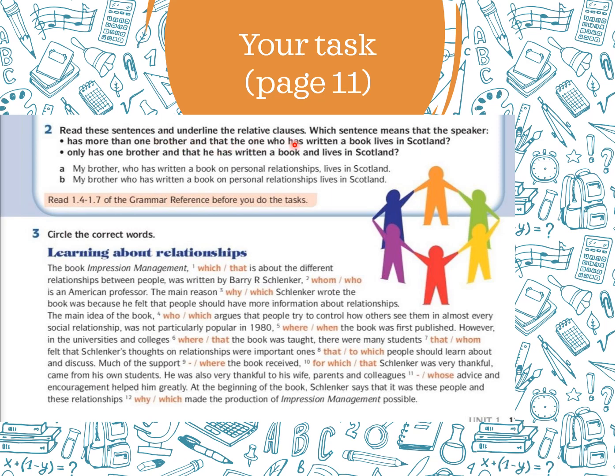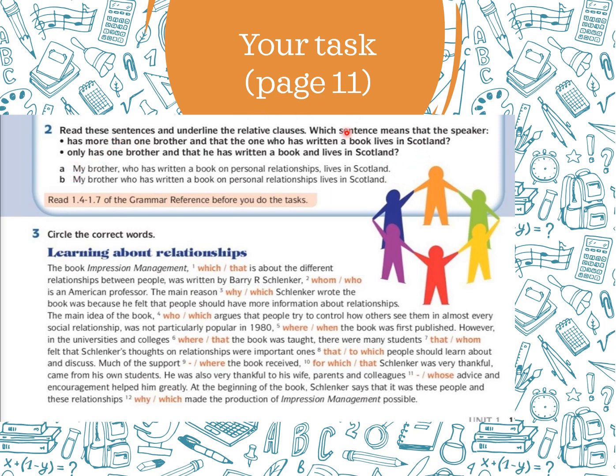And that the one who has written a book lives in Scotland. Yang mana satu? Yes, this one is yang mana? Sentence B. So, my brother who has written a book. Tu abang dia yang tulis buku. Okay. Lives in Scotland. Itu yang pertama.